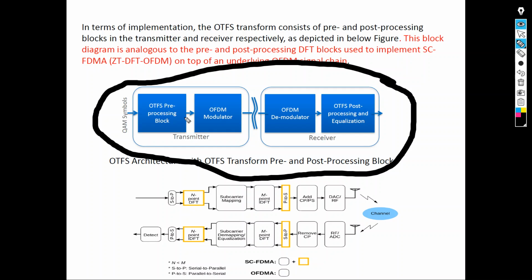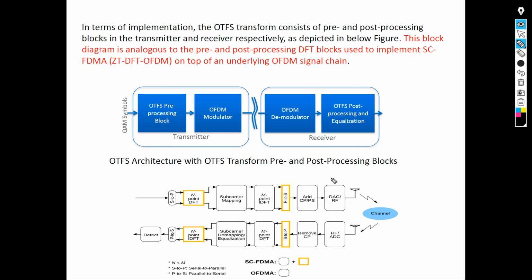Before the IDFT of OFDM, you can perform this processing, and after the FFT you perform this processing to get the advantages. In this case, your signal will be robust against Doppler. How do you know it's robust against Doppler? You need to build a new channel that includes Doppler and see whether you need to estimate Doppler and compensate for it, or automatically your signal is robust to these imperfections. Okay?